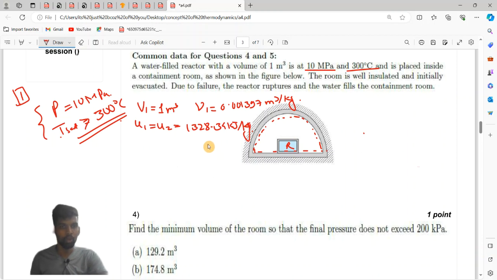I have talked about all these things that can complicate the calculation in my assignment number 1, so if you have any doubt, you can go through it. I will not waste time here explaining that. So this is our internal energy and this is the specific volume. Then from this, what can we do?